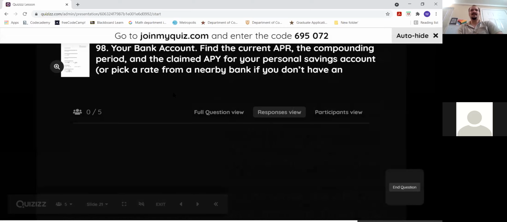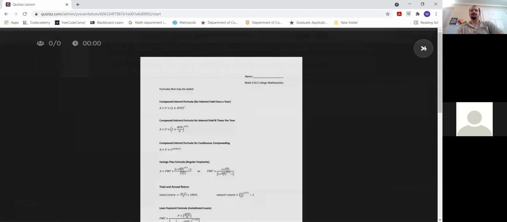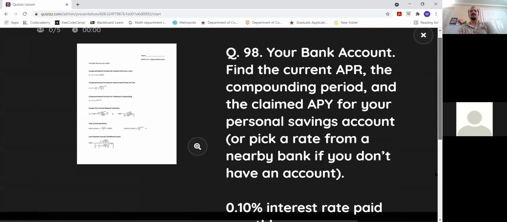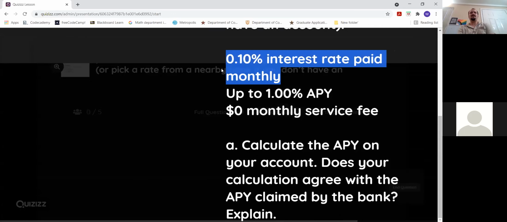So I want to figure out my APY for something that is 0.1%. If I get paid 0.1%, this is the A minus P over P thing again. If I'm getting 0.1% monthly, what is my APY going to be? This goes back to that second problem with finding APY. I have to find basically the relative difference for 1 year.